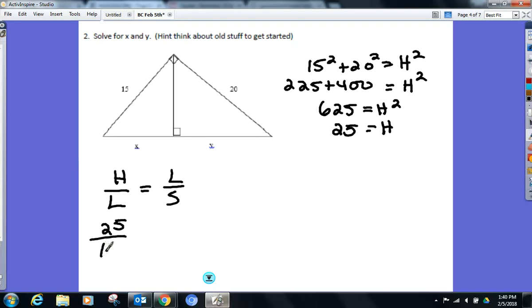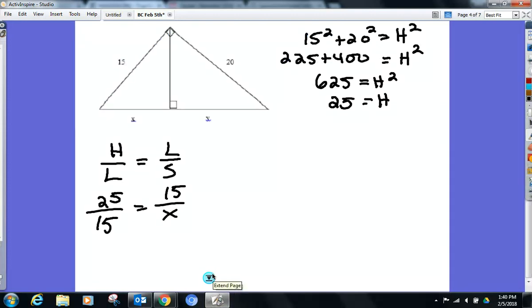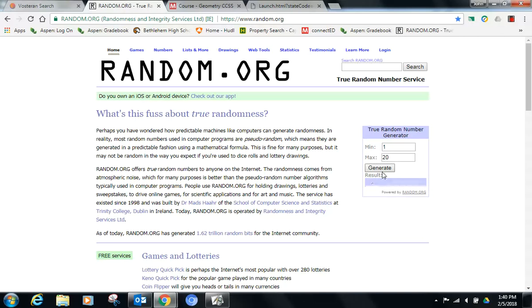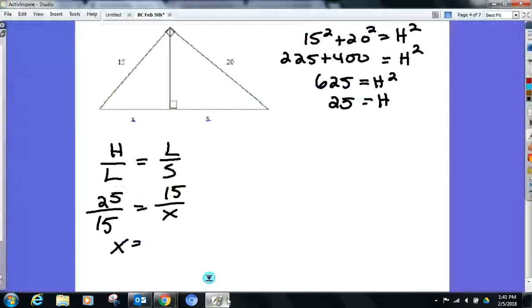Okay, so 15 equals 15 over segment X. You got it. So segment X turns out to be a length of 9.